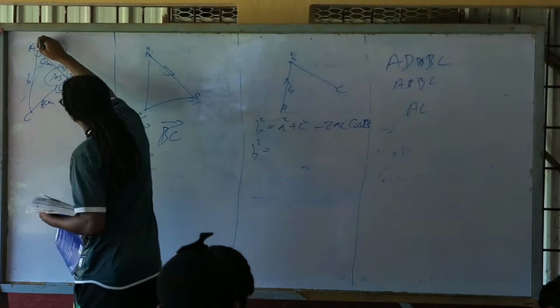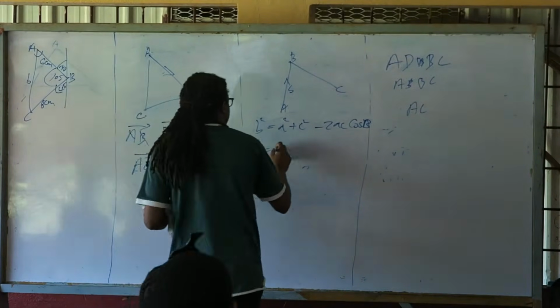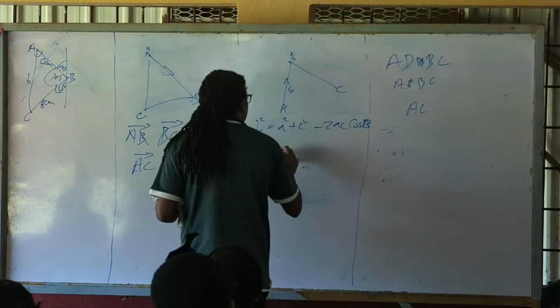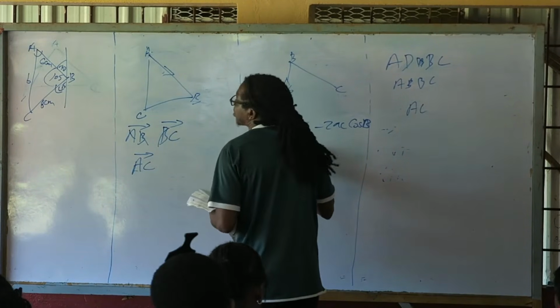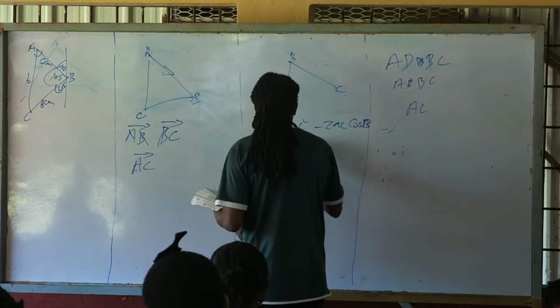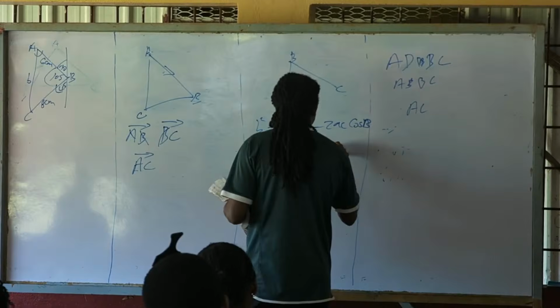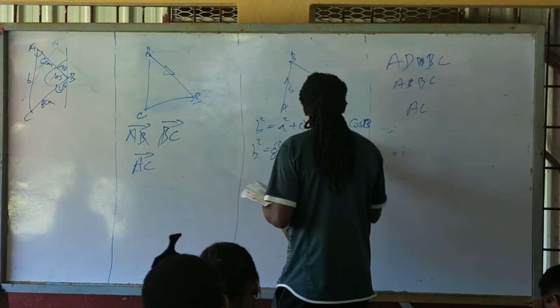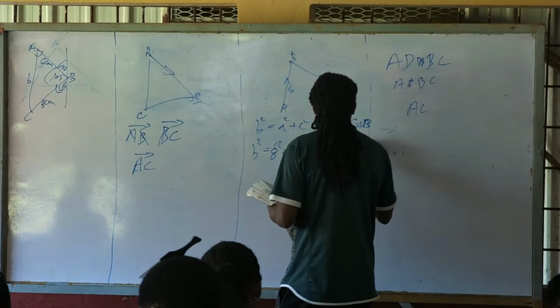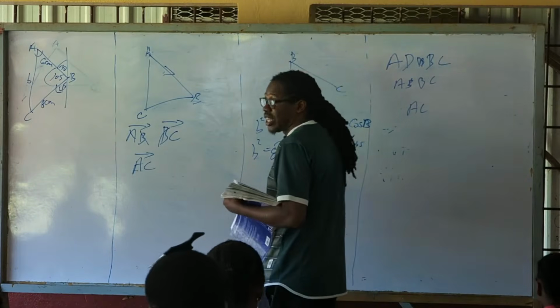If this is angle A, that's 8 centimeters. 8 squared plus 6 squared minus 2 bracket 8 times 6 cos 105. I taught you that already, you know.